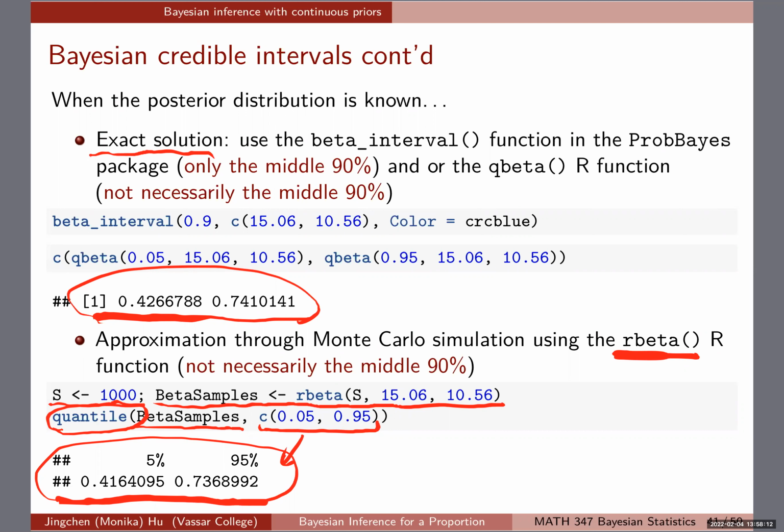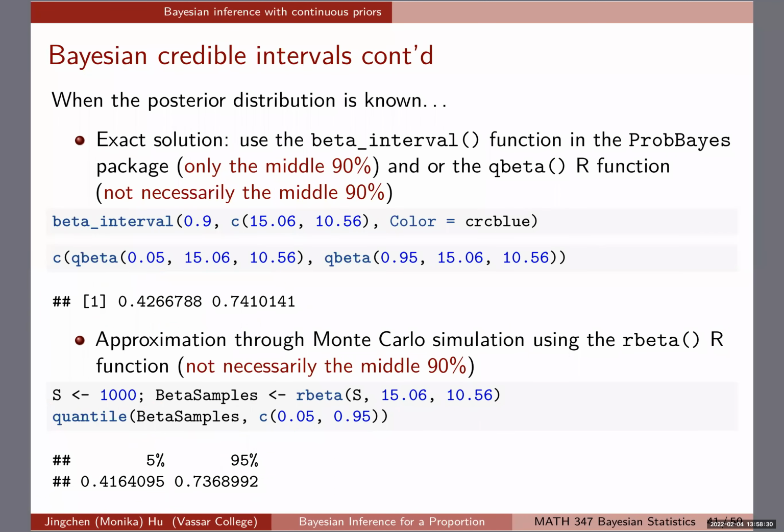And this hopefully can justify later on, when we don't have an exact solution, when we don't know exactly what the posterior distribution is, we have to rely on Monte Carlo simulation or some other simulation. Hopefully this gives us some justification that even in those cases, the simulation approach will give us a relatively good answer.